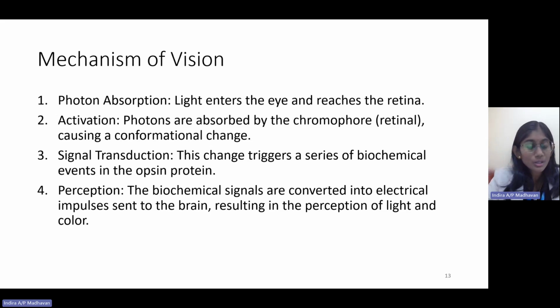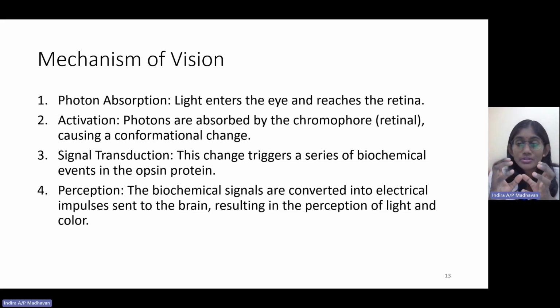If it's a red cone, it will absorb the red colors, or the red shades or longer wavelength, while the green one will do its own too. The information received from the chromophore is transferred to the opsin, and the opsin will produce a signal.